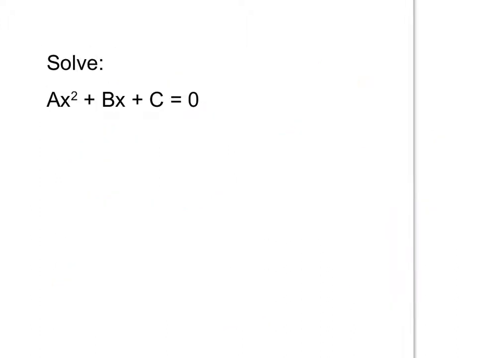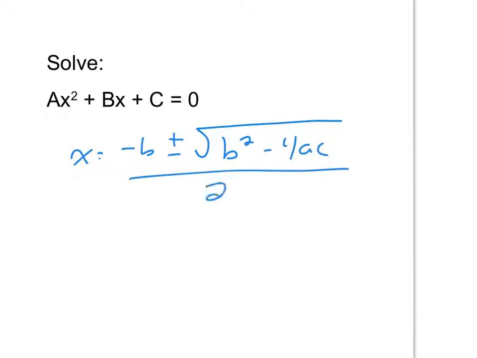Okay, let's take a minute here and solve this equation for x. In other words, I want to know what x equals, and it's actually kind of a trick question, because you know from the quadratic formula that when you have a quadratic equation in the form ax squared plus bx plus c, x is going to equal negative b plus or minus the square root of b squared minus 4ac, all over 2a.